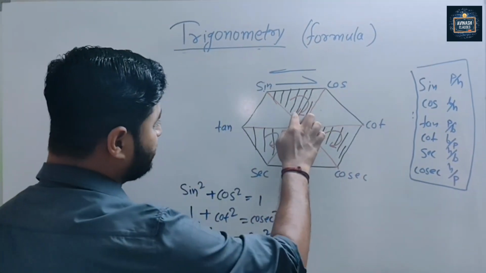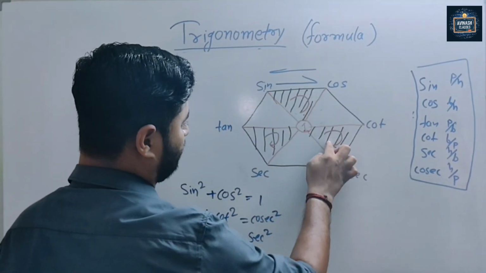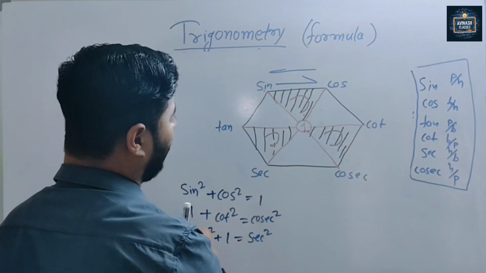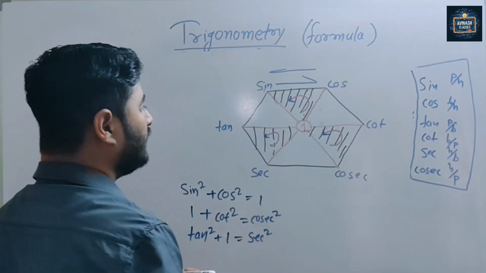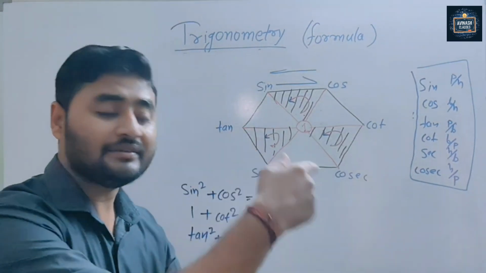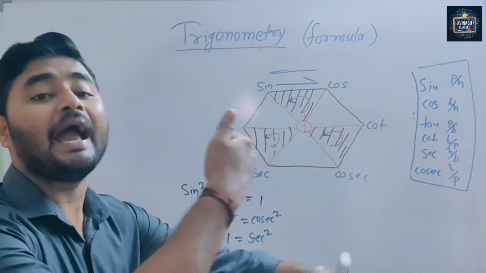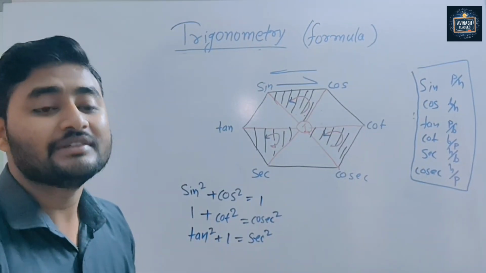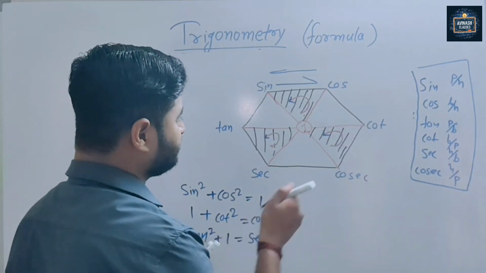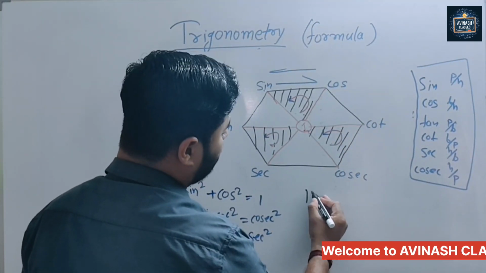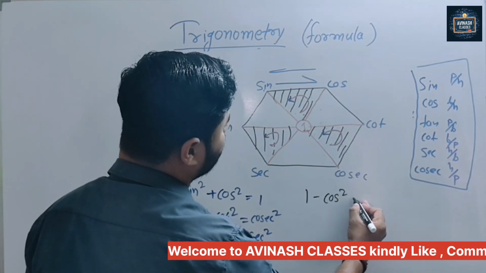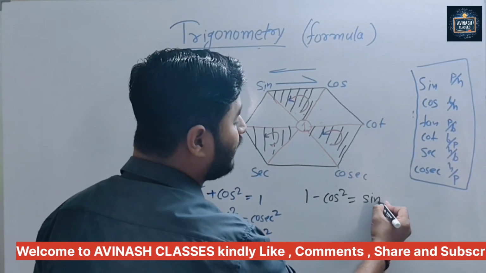Now what will we do? This time we are moving anti-clockwise. When we are moving clockwise, then we are adding. When we are moving anti-clockwise, then what will we do? Subtract. So here, now we start with 1. 1 minus cos square is equal to sine square.